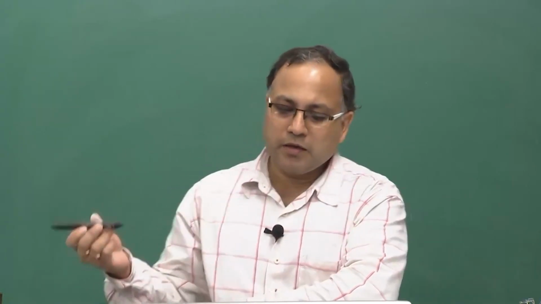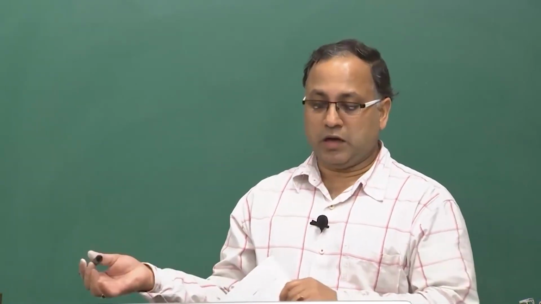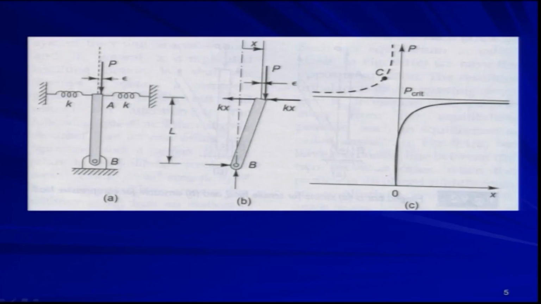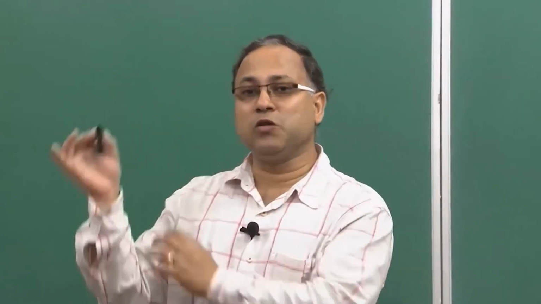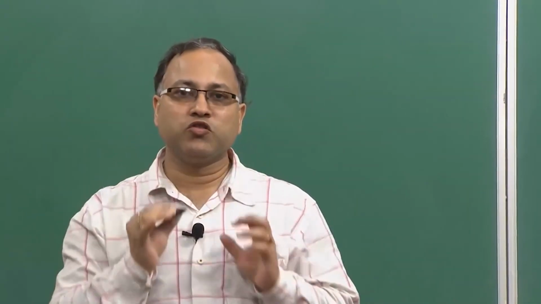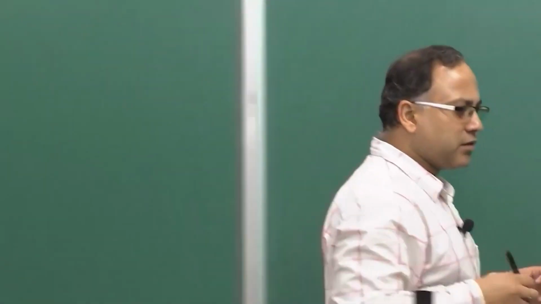But it might also happen that the load acting on the structure is a little bit off centered, that means you have a small amount of eccentricity, say epsilon. So if you have a system carrying some eccentric load, what will be the magnitude of your critical load? Let's find that out.